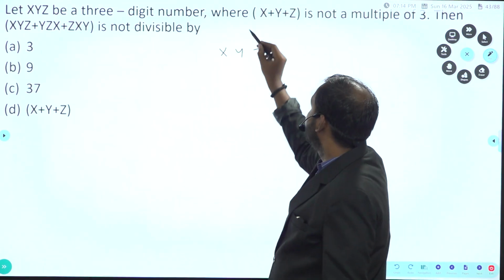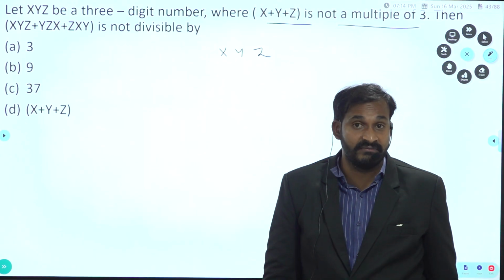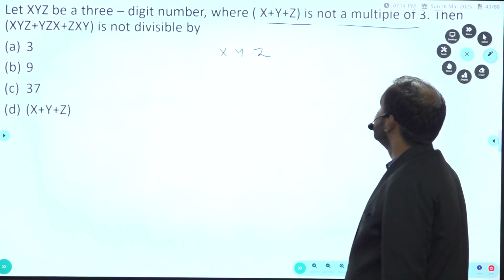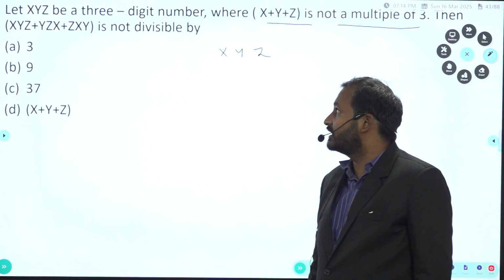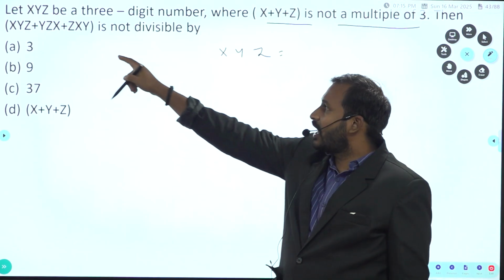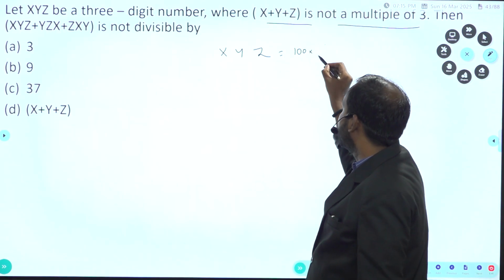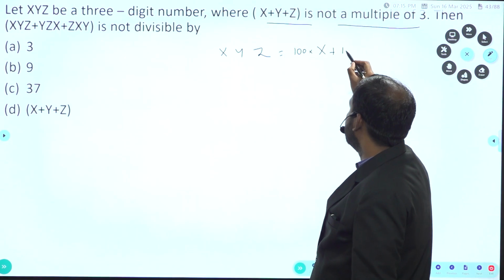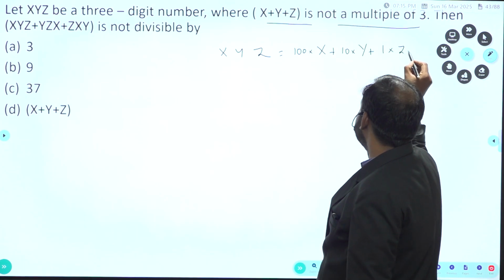They are telling very clearly that x plus y plus z is not a multiple of 3. Then xyz plus yzx plus zxy is not divisible by what? First of all, I need to add all these, right? So how will I write? xyz is 100 into x plus 10 into y plus 1 into z.